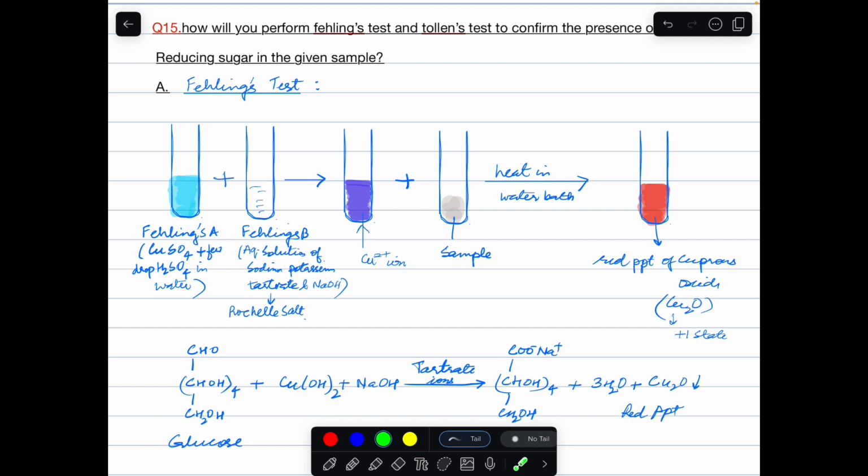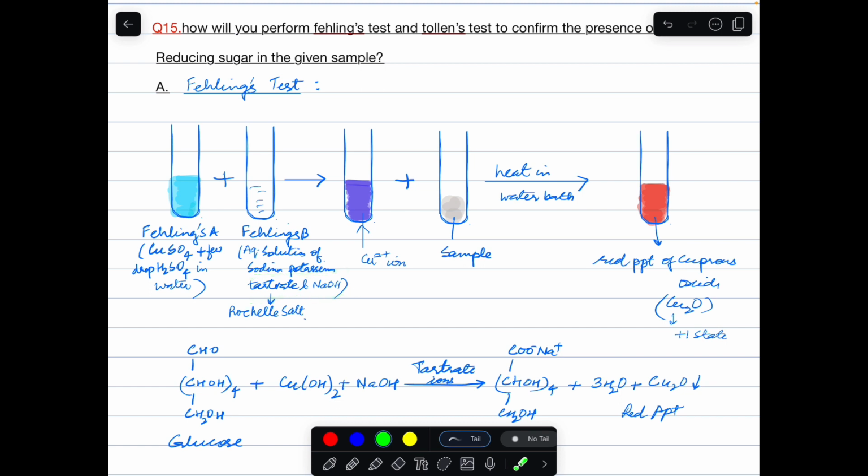Because it has an aqua blue color, it is a solution of copper sulfate, and a few drops of sulfuric acid are added to the solution. Next, Fehling's B is an aqueous solution of sodium potassium tartrate, and some sodium hydroxide is added.